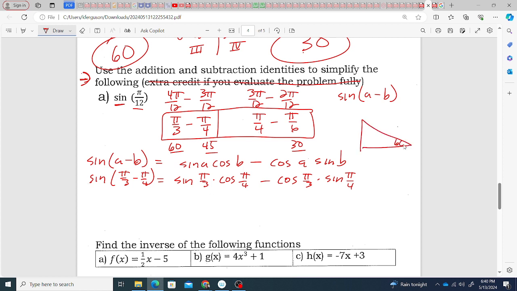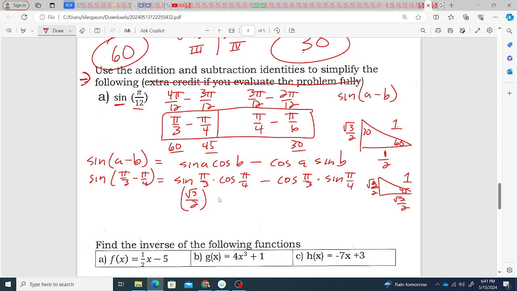So give myself 60 degrees and my unit circle: 1/2, because that's a 30, 60, 90. So sine of 60 degrees is opposite over hypotenuse, so that's square root of 3 over 2. Cosine of pi over 4, well, that's really simple. 45 degrees: 1, square root of 2 over 2, and square root of 2 over 2. So that's pretty simple.